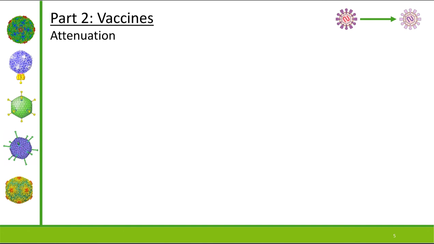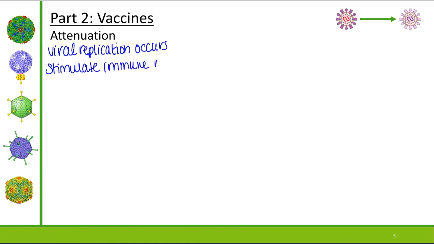When we have an attenuated virus, one of the things that happens is that viral replication still occurs. And this is going to stimulate the immune response. And we tend to get what we refer to as mild or inapparent disease.